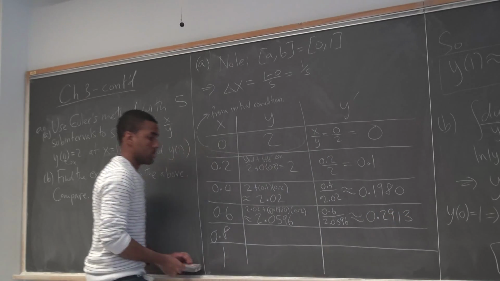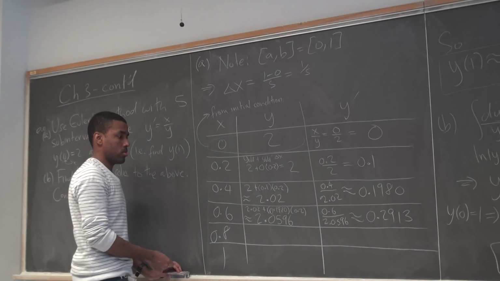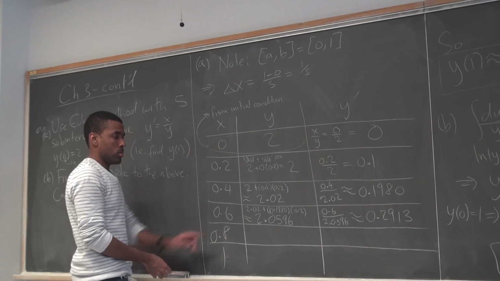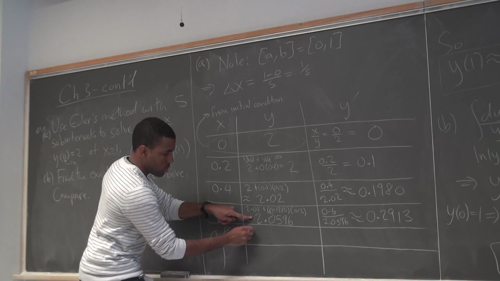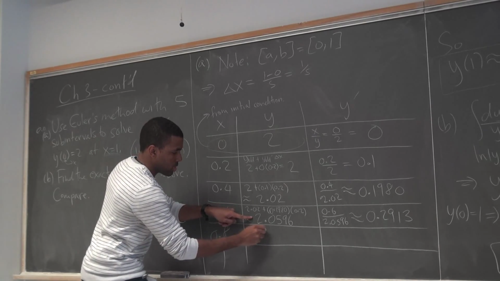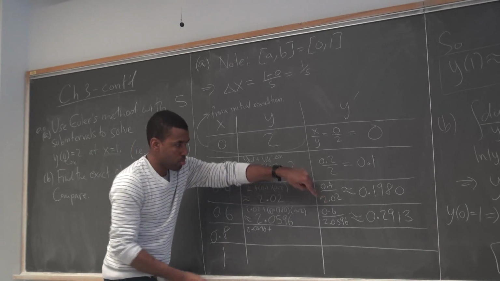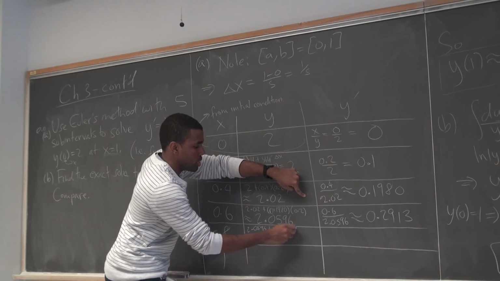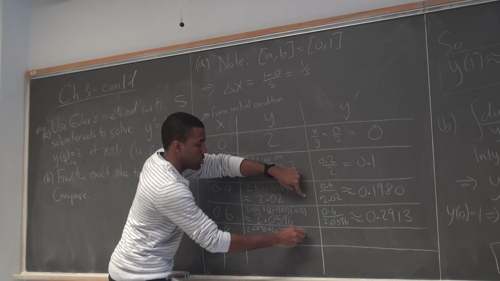2.13 here. The old y value, 2.0596, plus the old y prime value, 0.2913, times the delta x, which is 0.2.